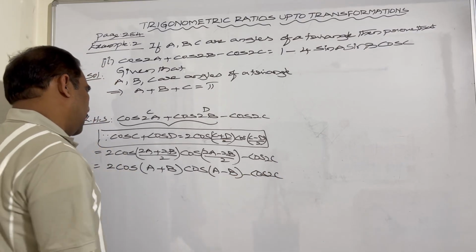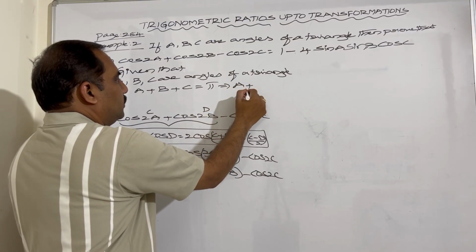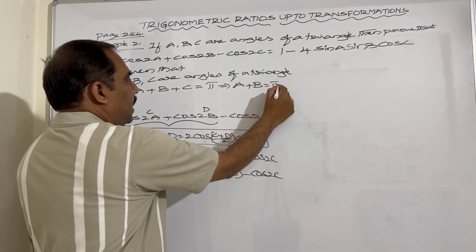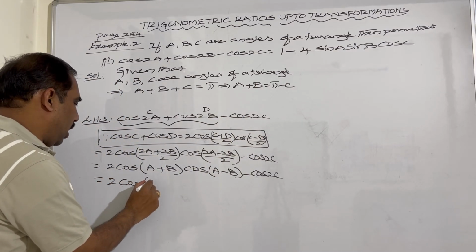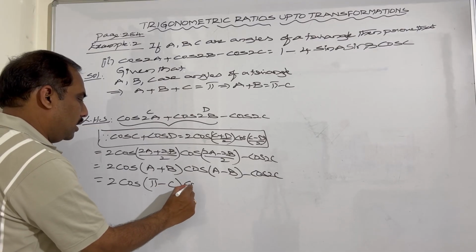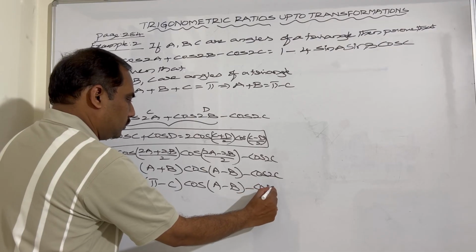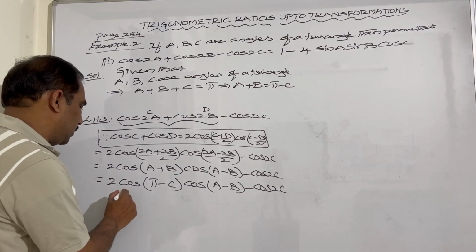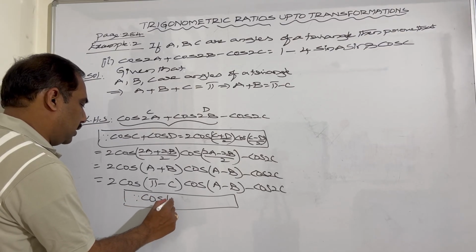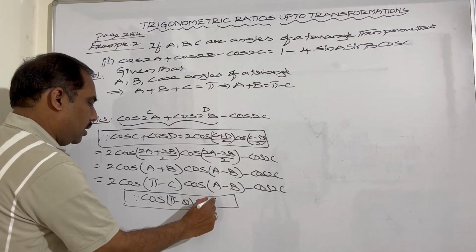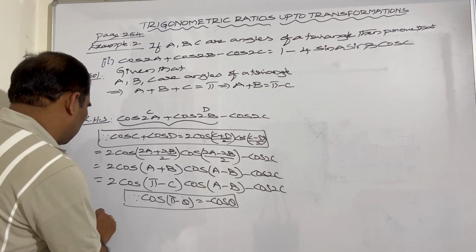Here, we know that A plus B plus C is equal to pi. So from this, A plus B is equal to pi minus C. Now A plus B is replaced by pi minus C: 2 cos of (pi minus C) into cos of (A minus B), and minus cos 2C. Now cos of (180 minus theta) is always minus cos theta, because it belongs to the second quadrant, and in the second quadrant cos is negative.